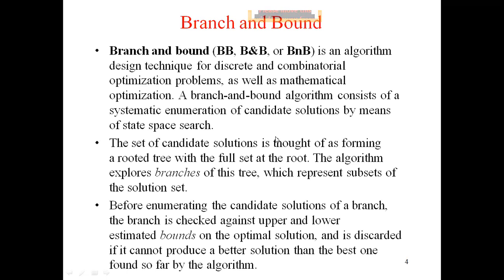What is a state space search? In our branch and bound, we are creating a tree with the root node and we are considering all the possible paths from the root node to reach the solution node. So all the possible solution nodes we can find.